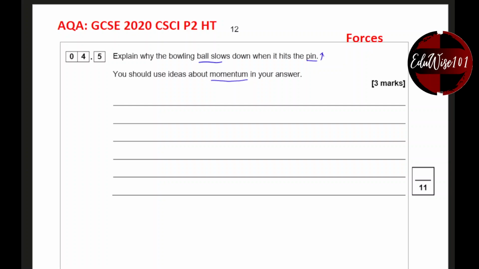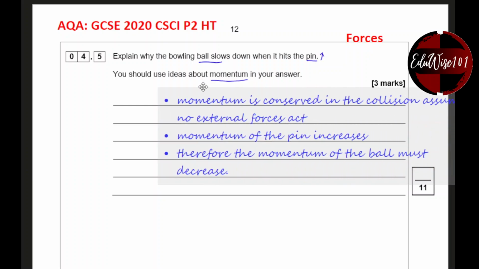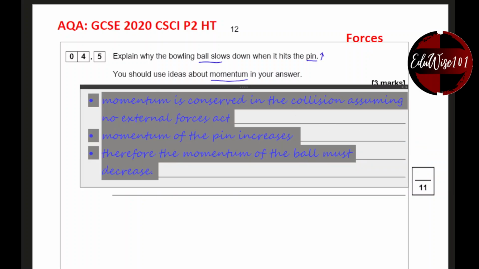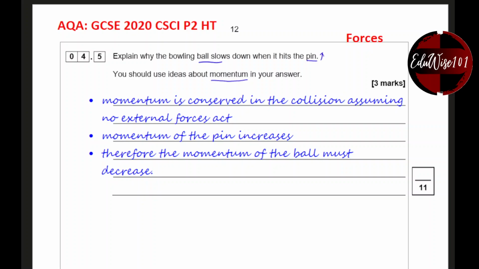So for 3 marks, you need to refer to the law. Momentum is conserved in the collision, assuming there are no external forces acting. Momentum of the pin increases. Therefore, the momentum of the ball must decrease in order to conserve the total momentum during the collision.